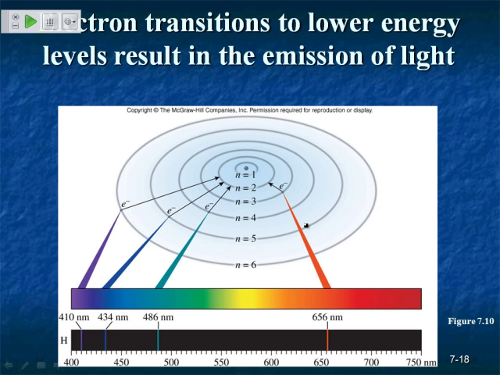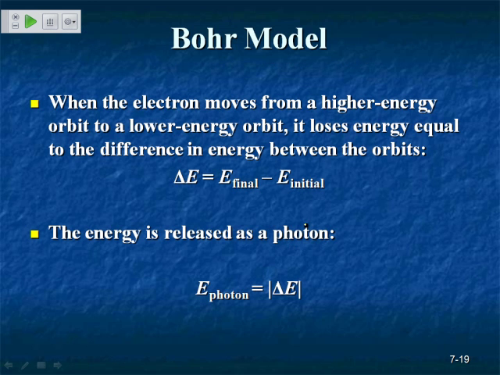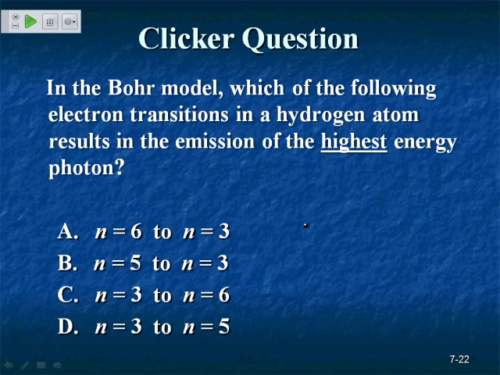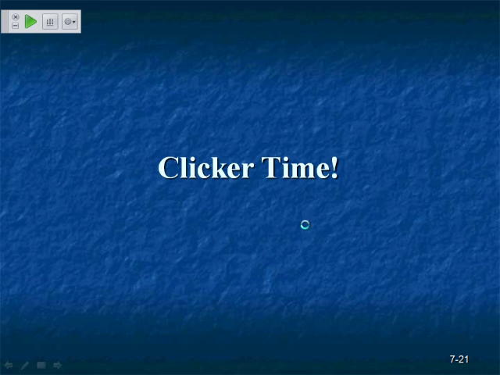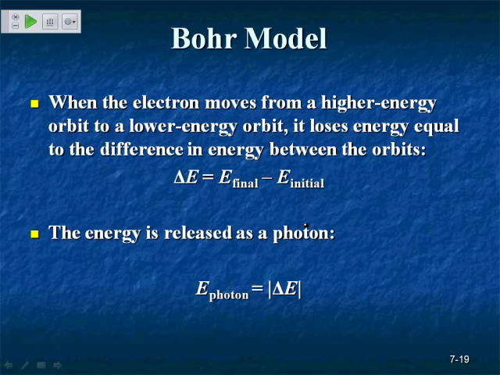6 to 3. When I asked you, you said it was inversely proportional. That is wavelength, right? Am I talking anything about wavelength here? I am asking which one would produce the highest energy photon. That's all I am asking. Look at this.